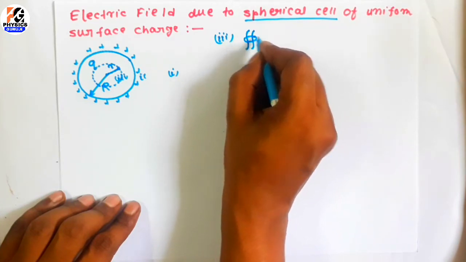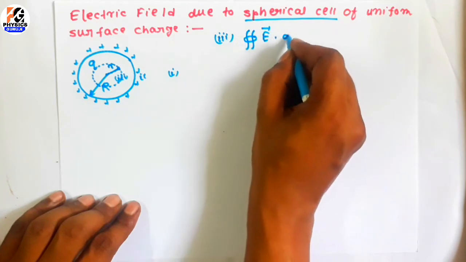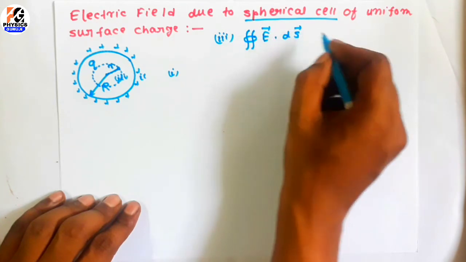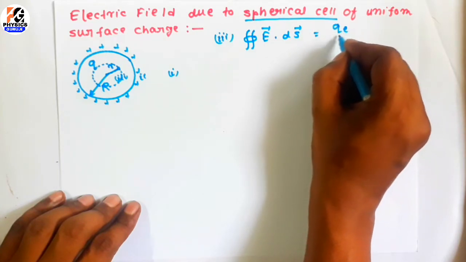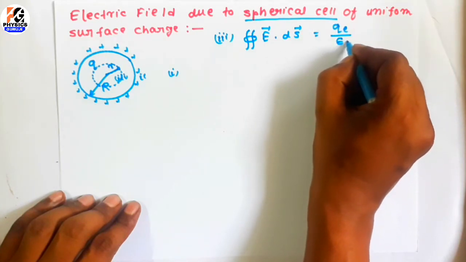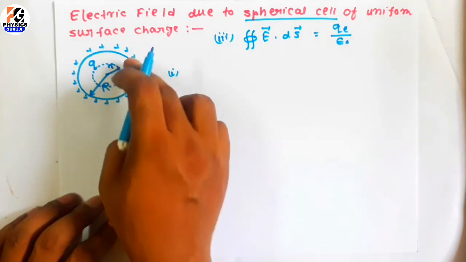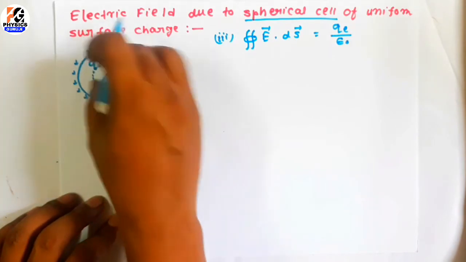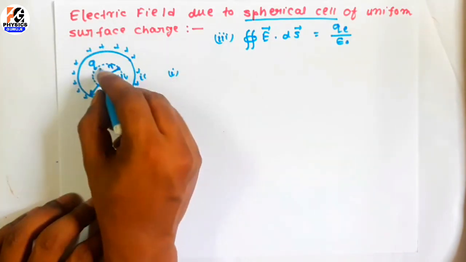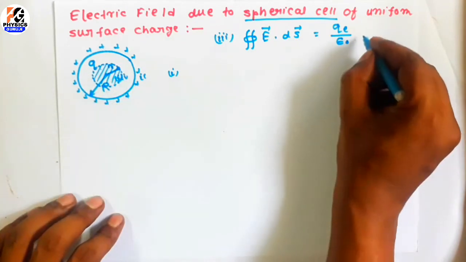uniform. So we can write the closed surface integral of E dot dS on the Gaussian surface is equal to Q enclosed, that is the total charge inside the Gaussian surface, divided by epsilon 0. Now you can see that charges are present on the surface. So inside the volume, that is inside the Gaussian surface, the total amount of charge is 0.